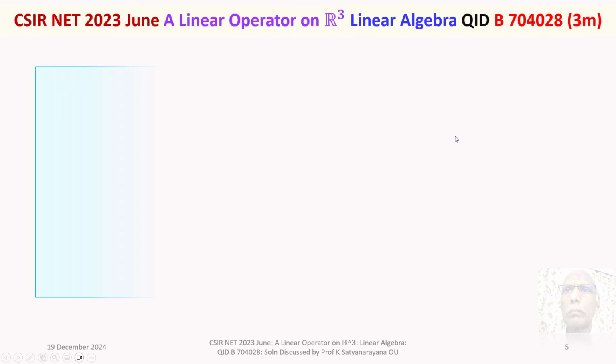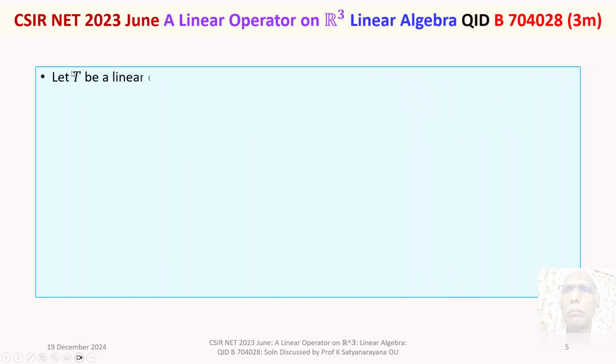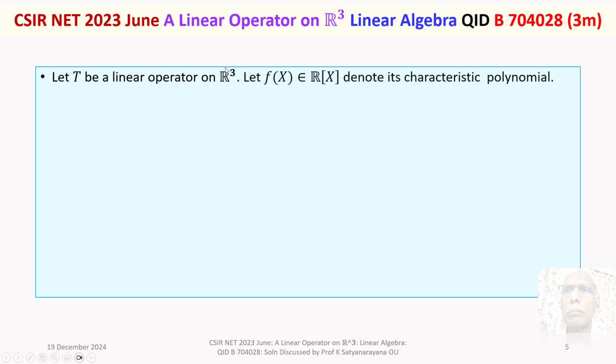The given question is, let T be a linear operator on R cube. Let f of x belongs to R bracket x, that is the polynomial ring in one indeterminate x over the field of real numbers, denote its characteristic polynomial.